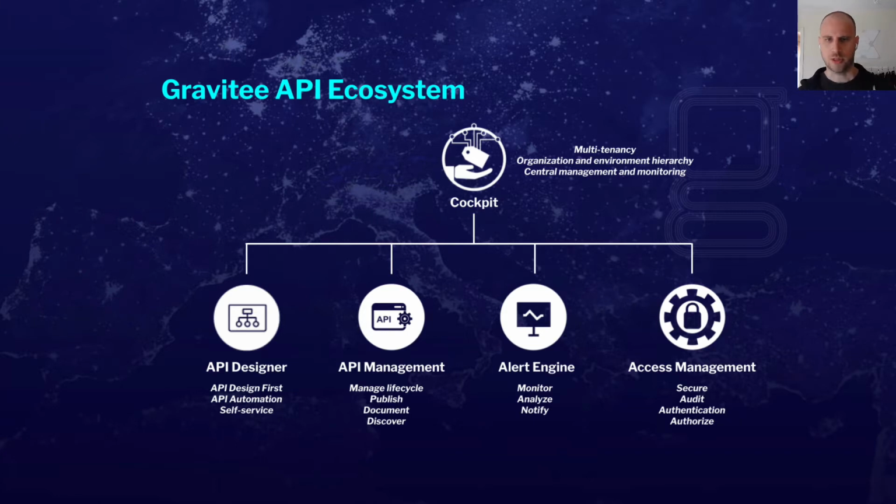Then those definitions can be imported into our API management solution. So our API management component basically consists of 3 main things. The first one is our console. That lets organizations manage the entire lifecycle of APIs and applications. So you can import APIs, you can provide different types of policies on top of those APIs to control how many times a consumer can call the API per minute, what IP addresses it can be called from, different types of transformation policies, maybe to automatically convert the response from XML to JSON to the consumer.